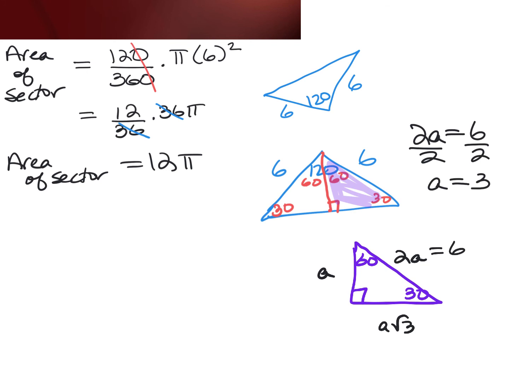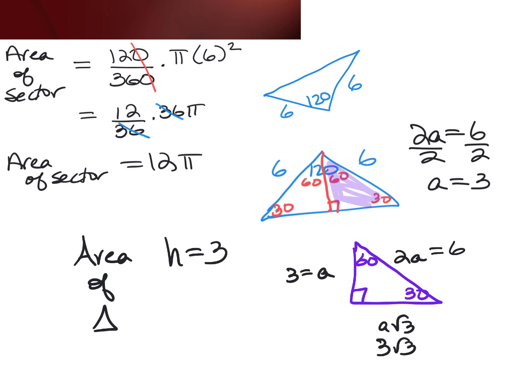So the height of this triangle, which is my a, is 3. And then if I put 3 square root 3 here, each of these bottom pieces are 3 square root 3. So the base of my triangle is going to be 3 square root 3 plus 3 square root 3, so that's going to be 6 square root 3.